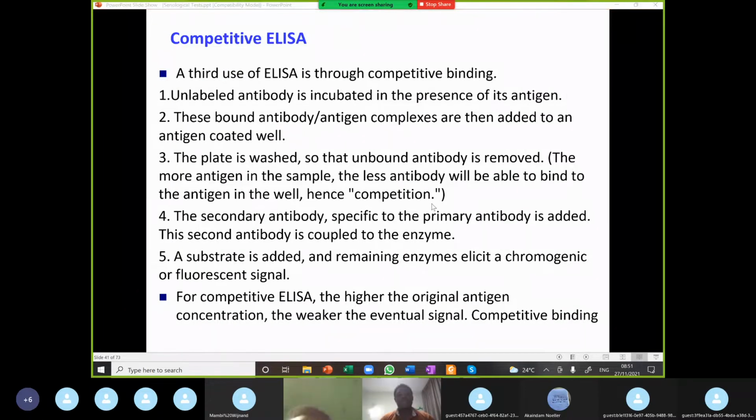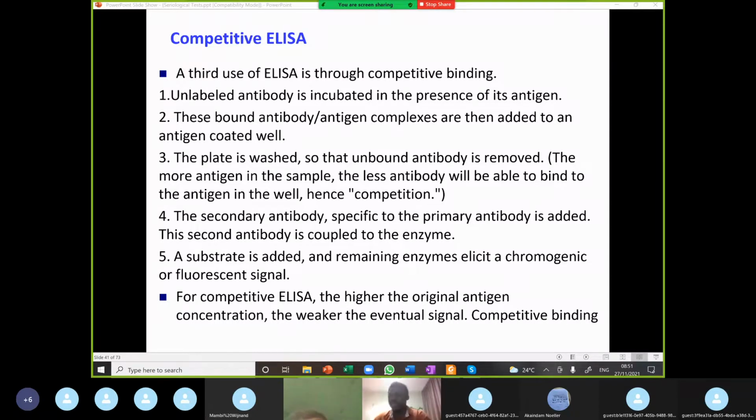So what I'm saying is that we have coated a particular antigen onto a plate in known concentration. We have used that same antigen to react with the patient's serum.